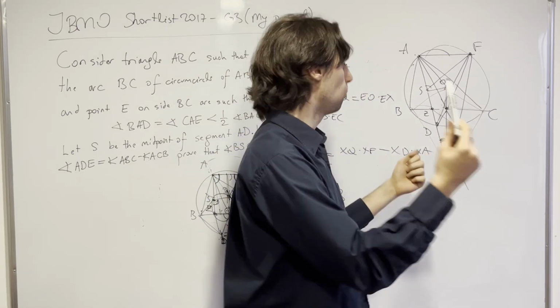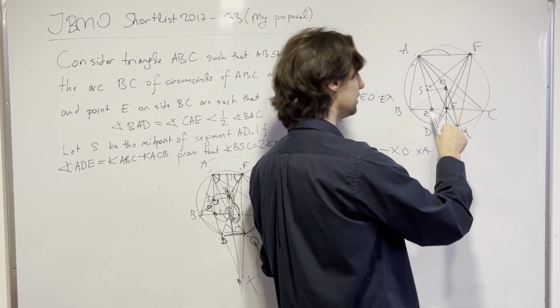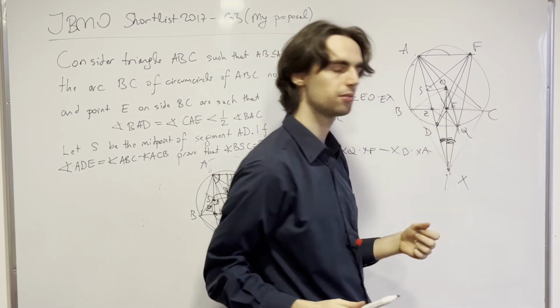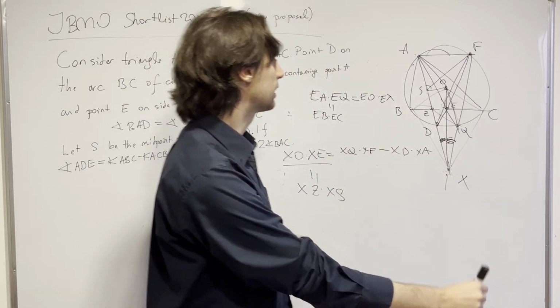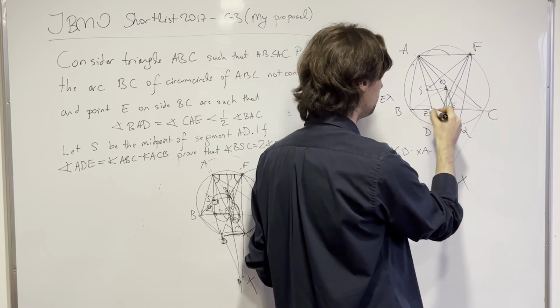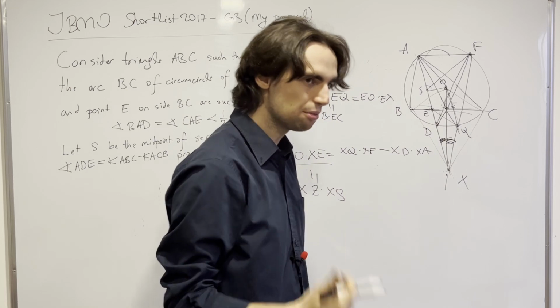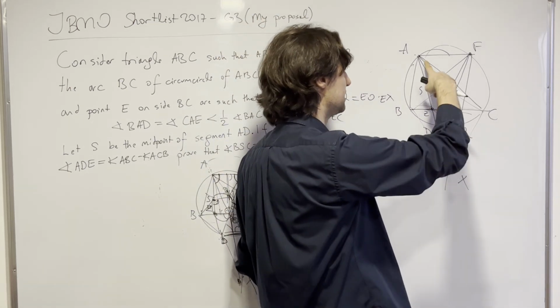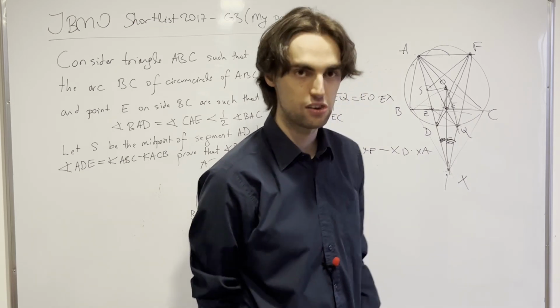What would be enough is for us to prove that ZS times ZX is ZB times ZC. But that's what's enough for us to prove. Now, we already have ZB times ZC is ZA times ZD. So what's enough for us to prove is that ZD times ZA is equal to ZS times ZX.